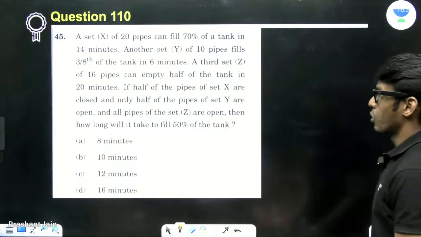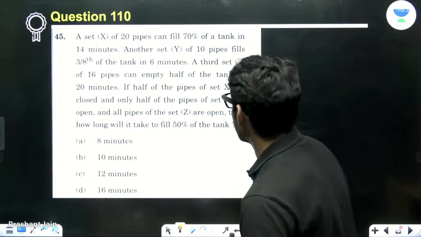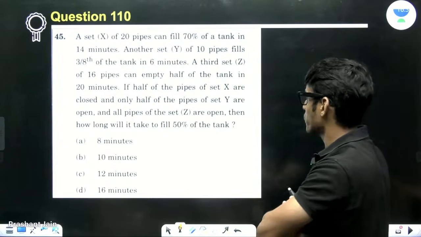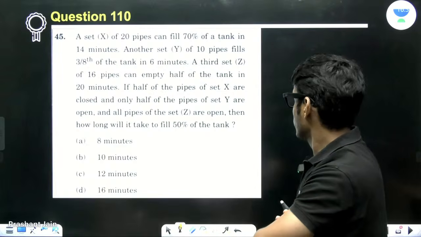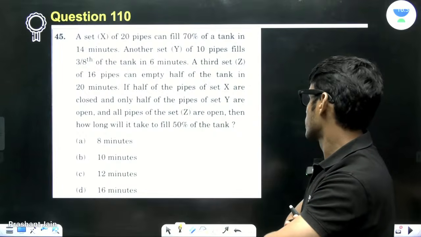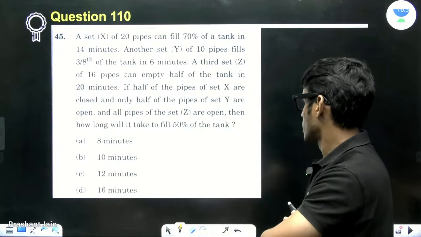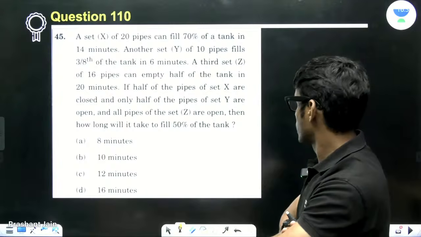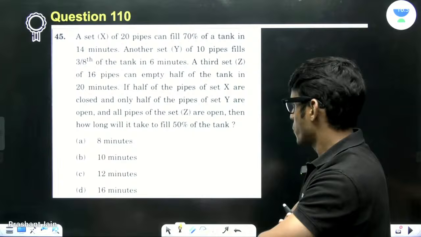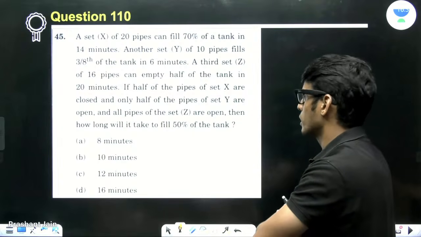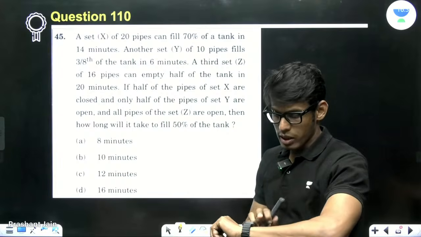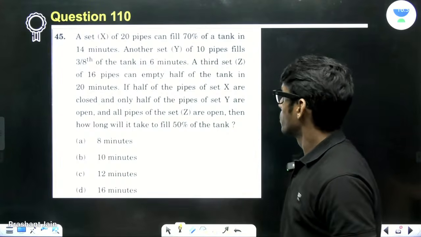Okay. Now, a set X of 20 pipes can fill 70% of water in, okay, third set. Now you would think that this is a difficult problem, because it is looking like a very lengthy problem.